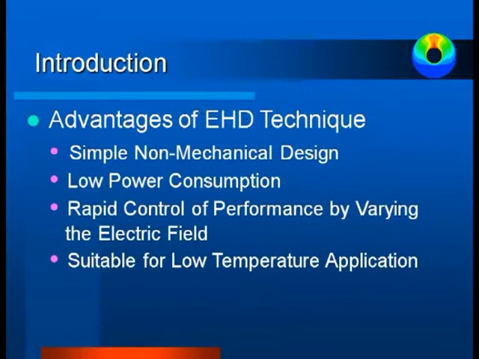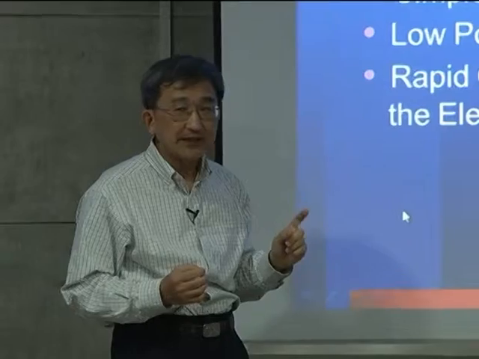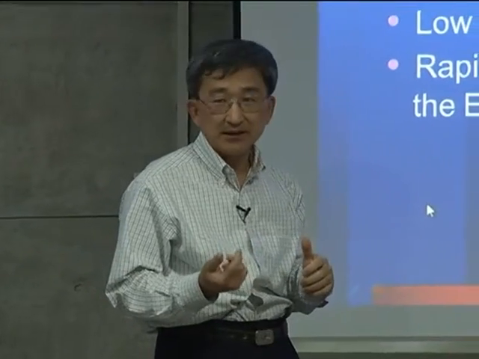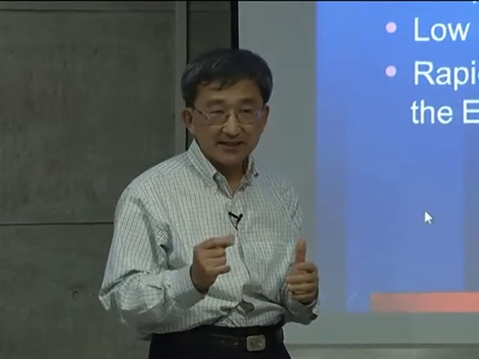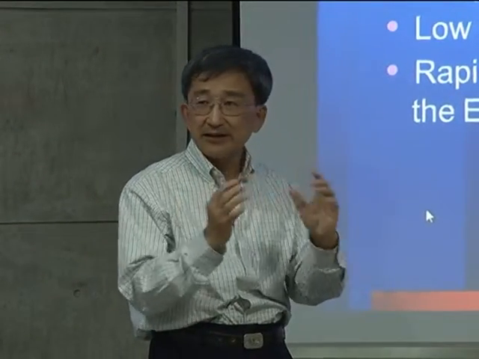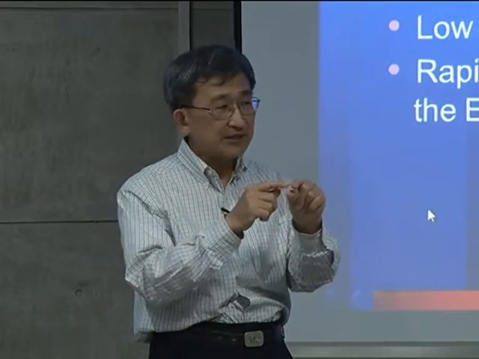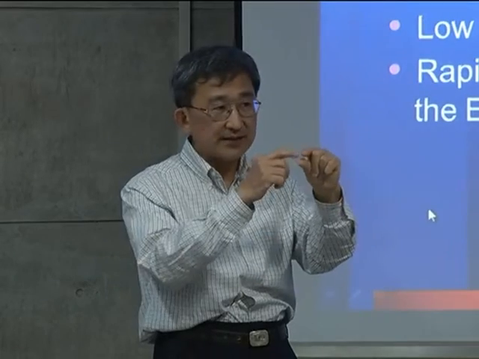And this thing can be improved. For example, I'm interested in this EHD because we can apply it to MEMS devices. In a MEMS device, the scale has been reduced, which means you reduce the spacing between the electrodes.